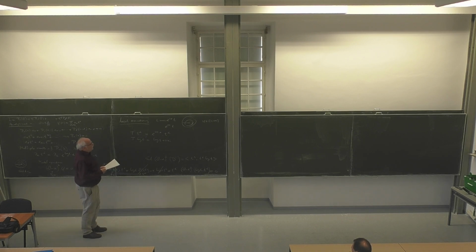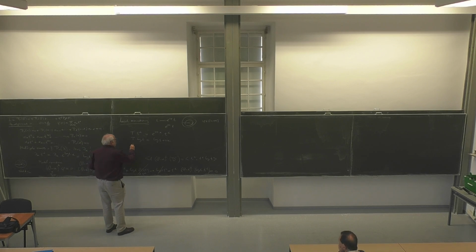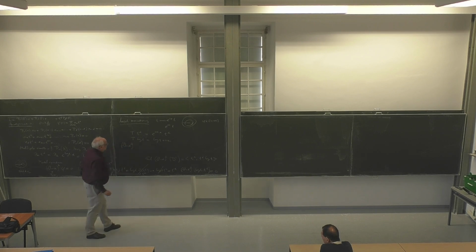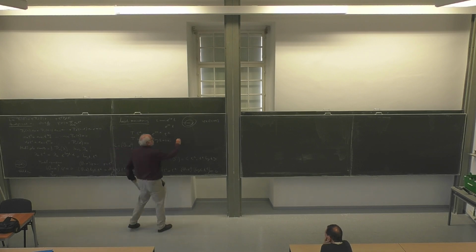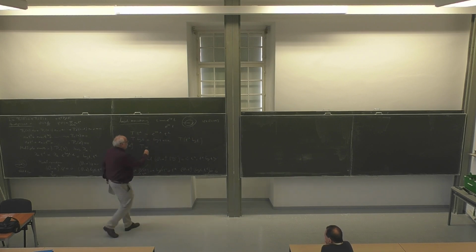And therefore, you can write down the matrix. If you take this operator L and the local monodromy around 0, you have to also compute the monodromy of t, you do both at the same time. Of course, you get a diagonal part, 2 pi I alpha, 2 pi I alpha.